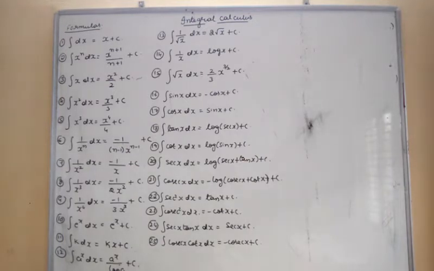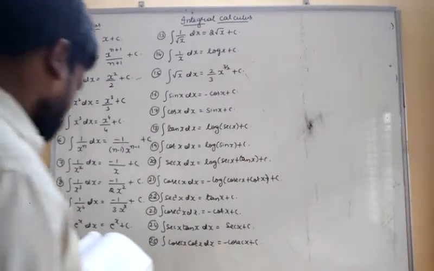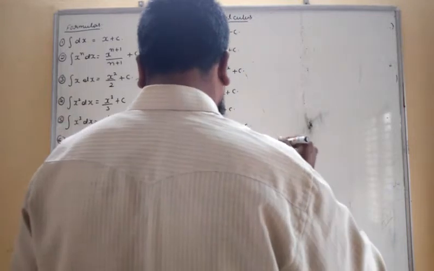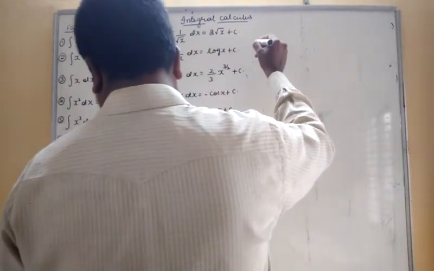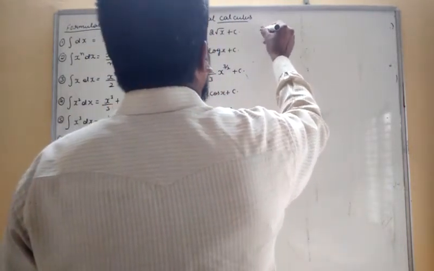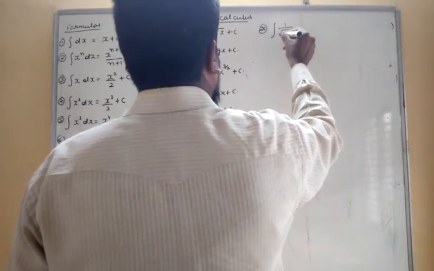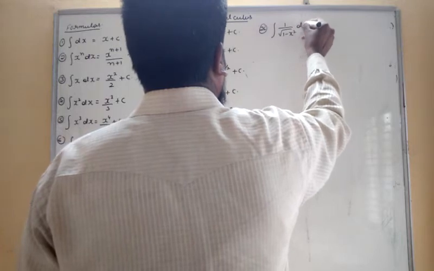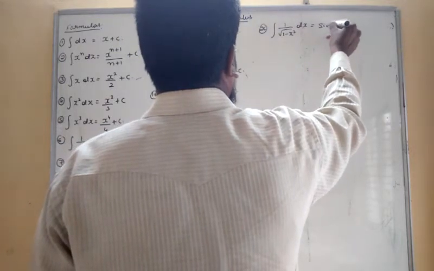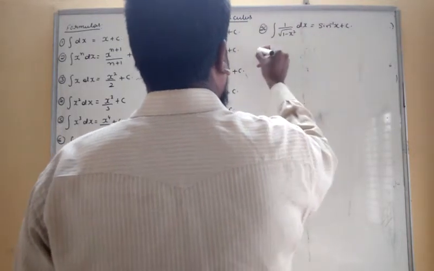Okay, take down the next few more formulas. Integration of 1 by square root of 1 minus x square is equal to sine inverse x plus c.